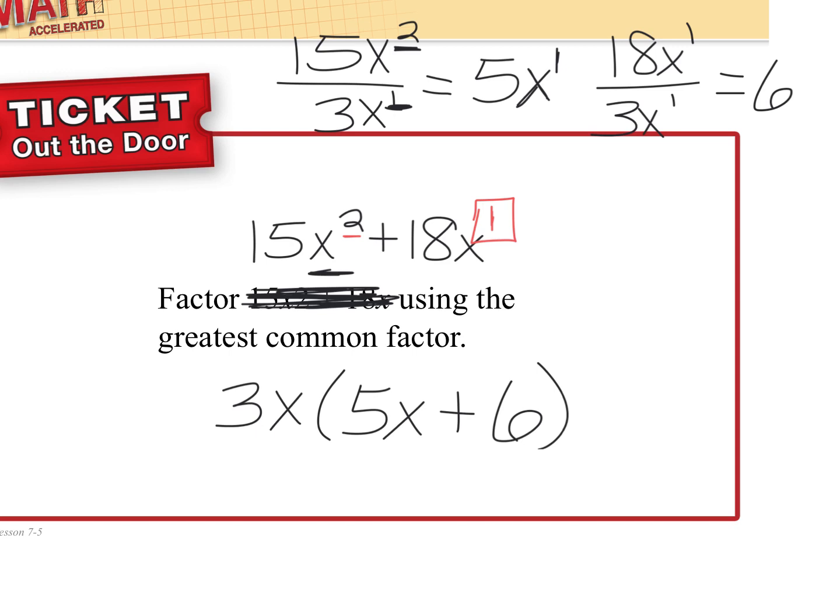I'm taking 1 away. How many does it have left? 0. So you can think about it that way also. What our greatest common factor is doing is we're taking it out. We're dividing it out of every term in the expression. Does that make sense? Yep. Okay, don't worry. We're going to get a lot more practice at this stuff.